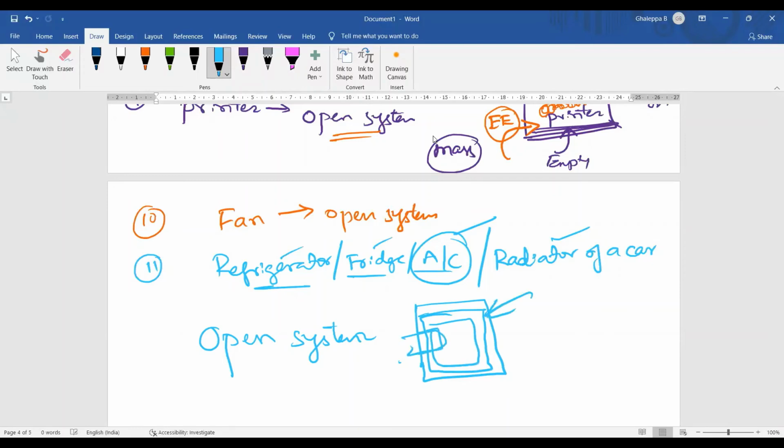Okay, electrical energy is going in. That is fine. Energy exchange, yes. Where is the question of mass? Sir, it converts electrical energy to cold energy. Okay, energy exchange, very good. But where is the question of mass? Where are you saying exchange of mass? Mass is going in, mass should come out. The air is cooled down now, sir. Air is cooled, but it is within the system.